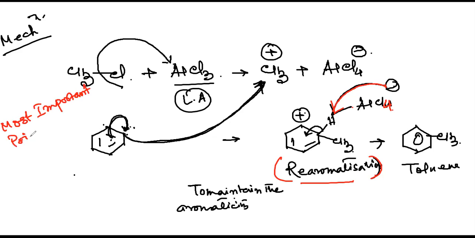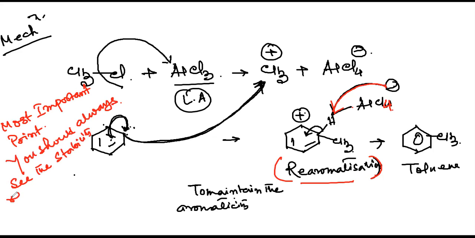I'll give you an example here. You should always see the stability of the carbocation.